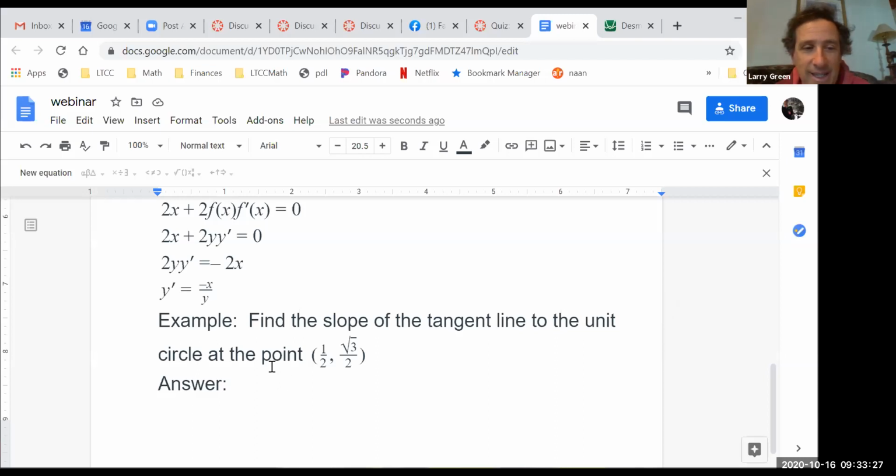But the idea is we just take this equation, y prime equals negative x over y. So we have y prime equals negative x over y. X is 1/2. Y is root 3 over 2.